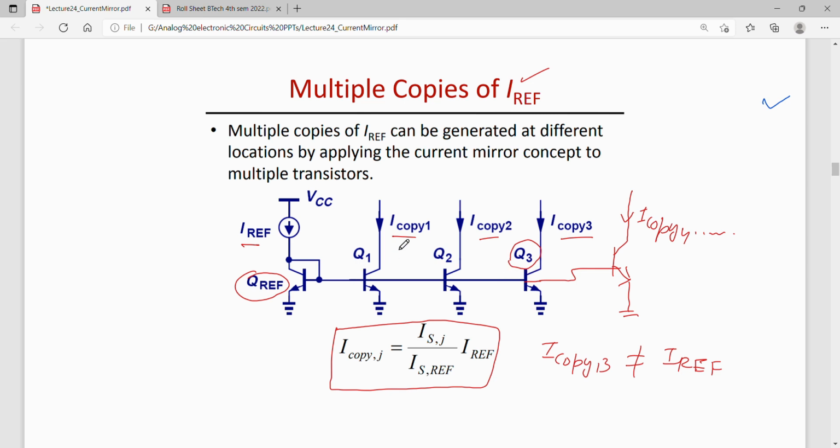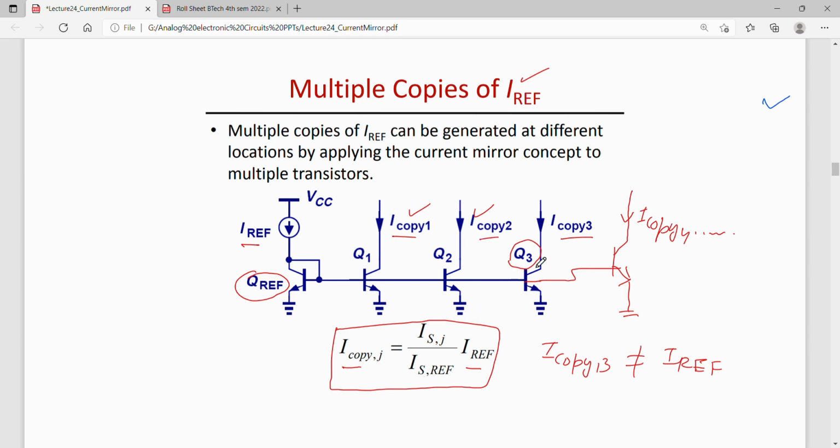However, I copy 1 and copy 2 can be equal to Iref if Q1 and Q2 are similar to this reference transistor. If these are identical, the saturation currents will be equal, and the copied current will be equal to the reference current. So it is possible to generate the same current.